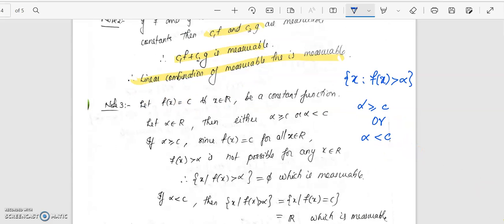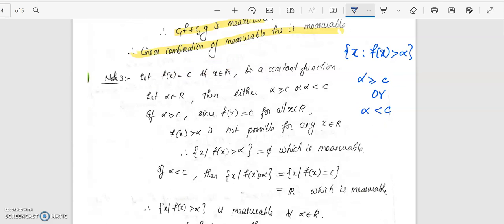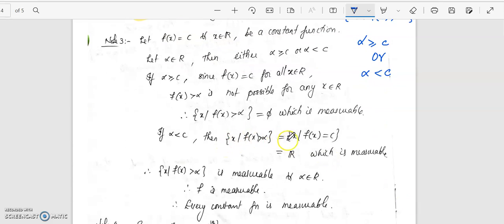So the function will be defined for all x values in that case, and the function value will be equal to c. So therefore when alpha is less than c, the set of all x such that f of x greater than alpha will be equal to the set of all x such that f of x equal to c. So that will be the domain of your function f, which is R.